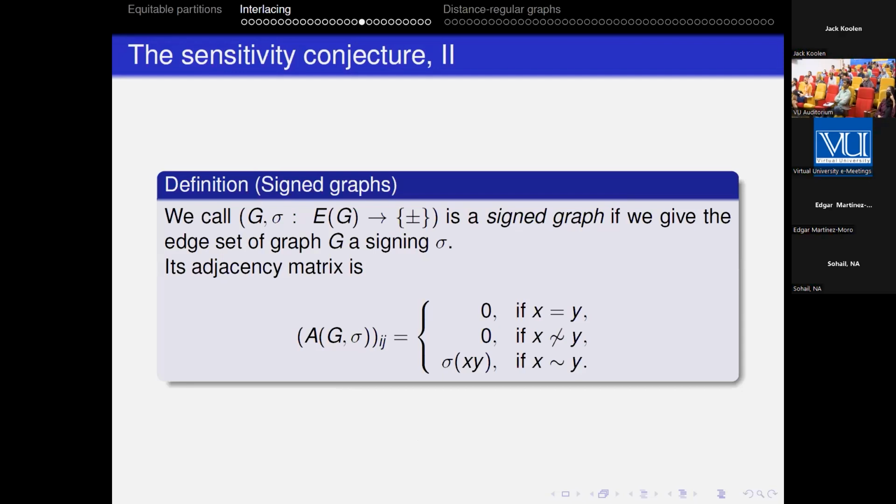At this moment I say plus and minus, but in the adjacency matrix I will write +1 and -1. So the adjacency matrix is the sign of the edge, and I will add a 1 to make sure that we understand each other.